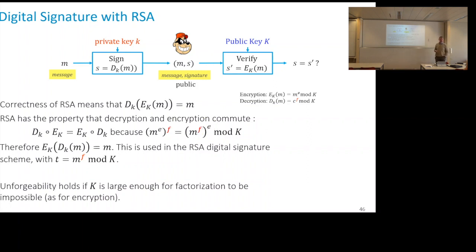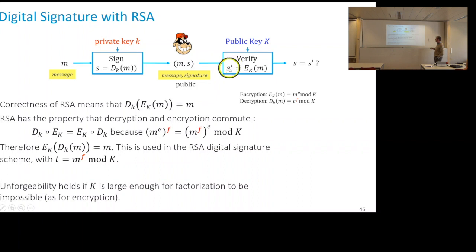So how can we use that for signature? Well, if I have to sign a message, I will apply this operation, which consists in computing m to the power f modulo k, where f is a secret. F, remember, was derived from the secret key of RSA. Of course, you keep it secret. This is what we use for decryption, except here we don't decrypt anything. We just compute this to the power f, and we send it in the clear.